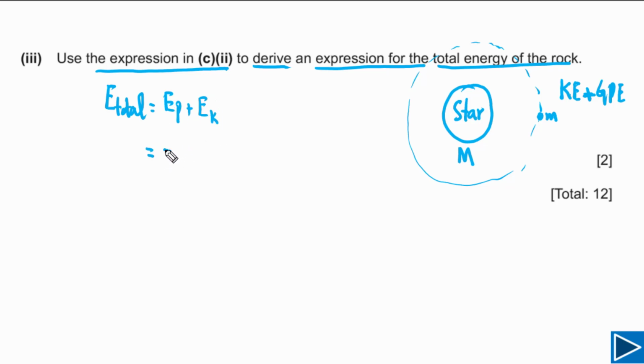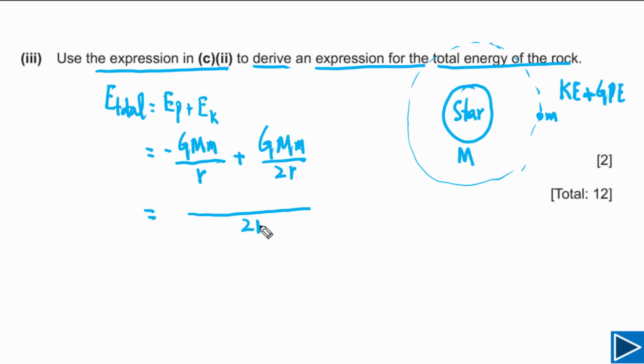Gravitational potential energy of the rock is negative capital G, capital M, small m divided by R, and R is the distance from the center of the star to the center of this mass. And kinetic energy we have already calculated. That was G, capital M, small m divided by 2R. Now we simply have to simplify this one. In this case, we can take LCM. LCM is 2R.